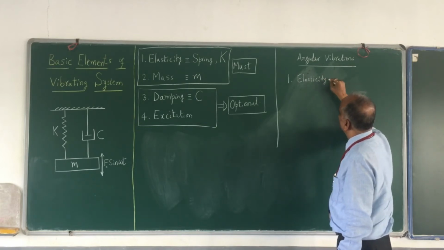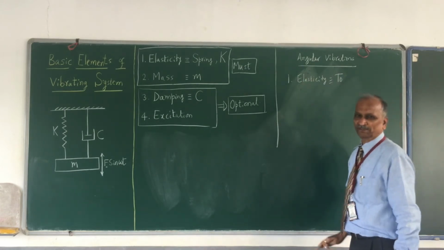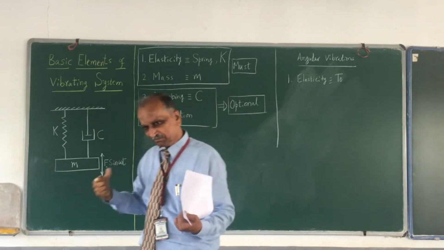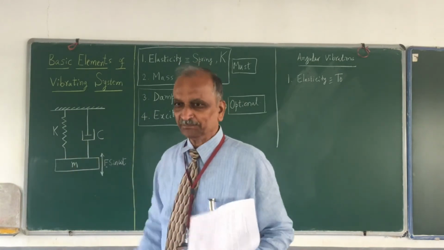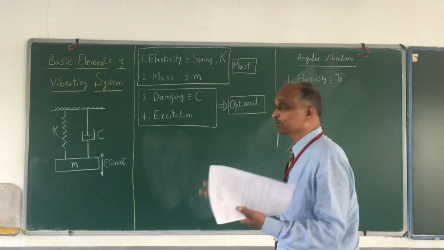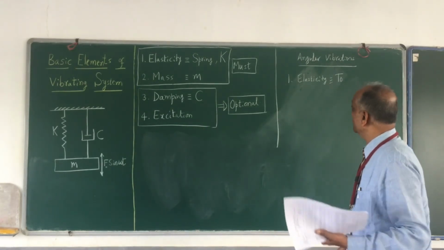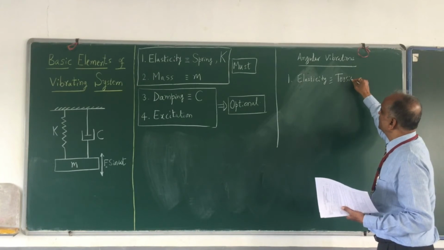That is again a spring. The only thing is, it is not just called a spring. By default, if I say spring, the immediate understanding is a helical spring. But if I want to refer to some other spring, then I have to mention that. Here it is called a torsional spring.